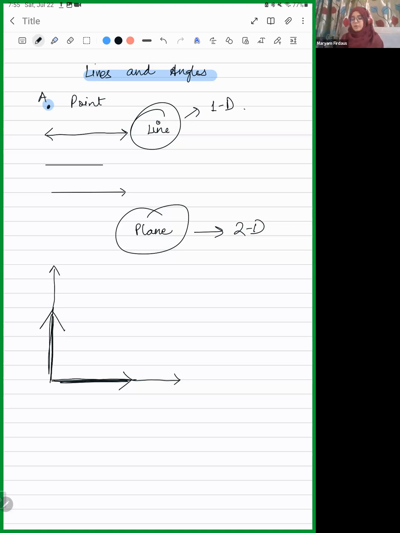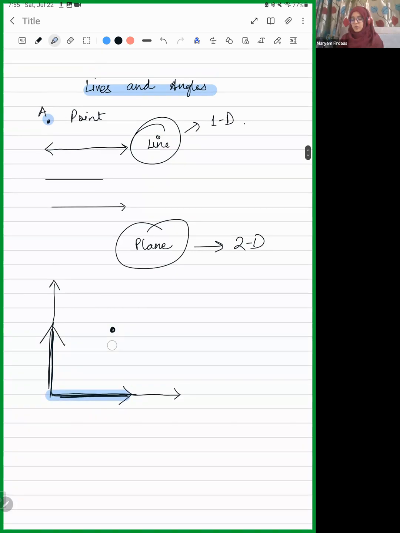Let's say you have to reach an object which is over here. You will first move some distance in the horizontal direction, then you will move some distance in the vertical direction to reach your goal. So you have moved in two different directions, two different dimensions. This is why a plane is called a two-dimensional figure.